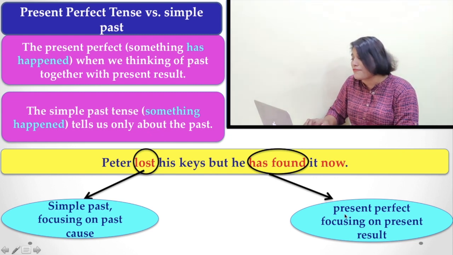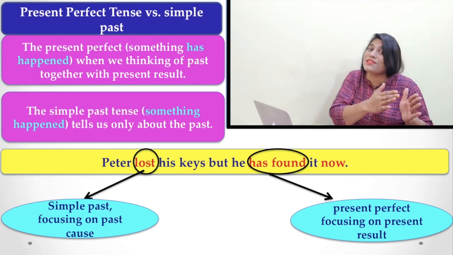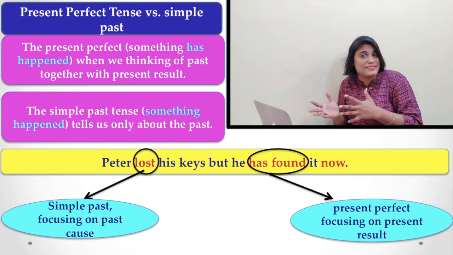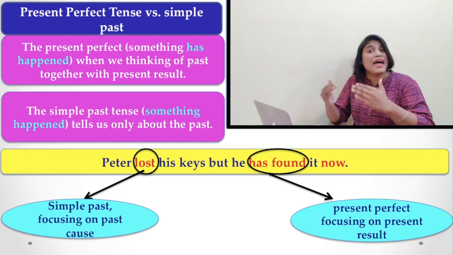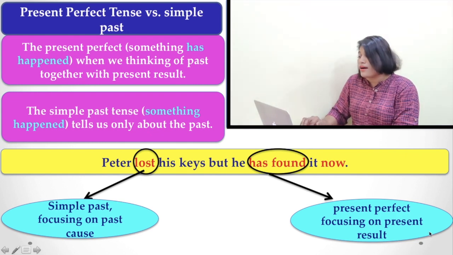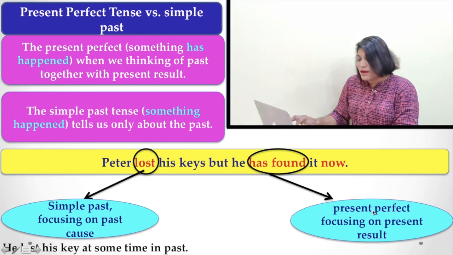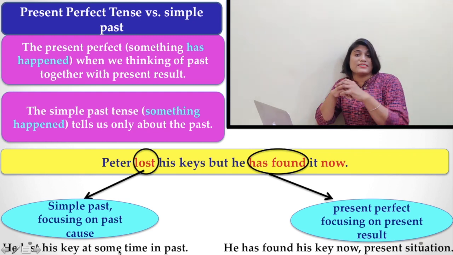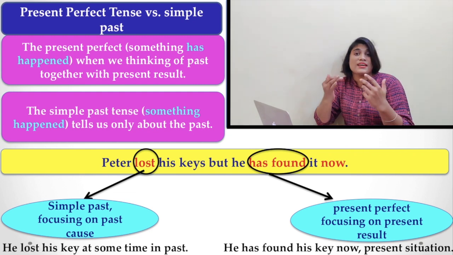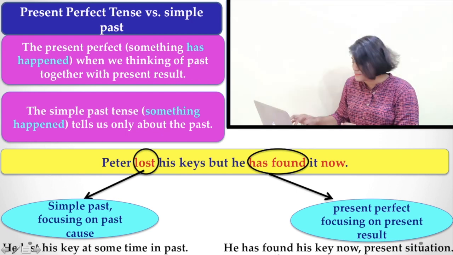But if we are focusing on present result, that is, the cause was loss of the key, but the result is that he has found it, now we have to use present perfect tense. Here you find that he lost his key at some time in the past, but now the present situation is that he has found it. That is, this is now, and it is his present situation.